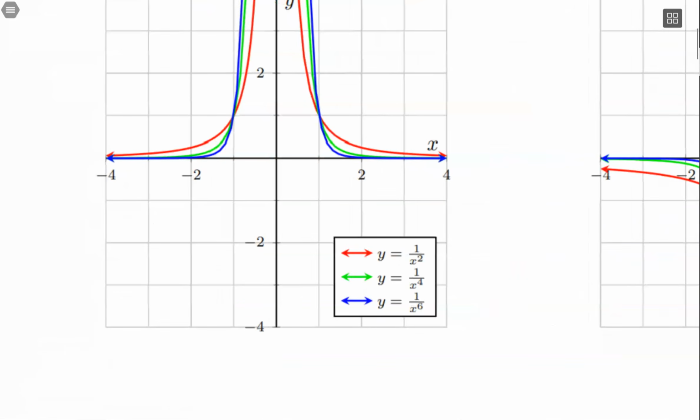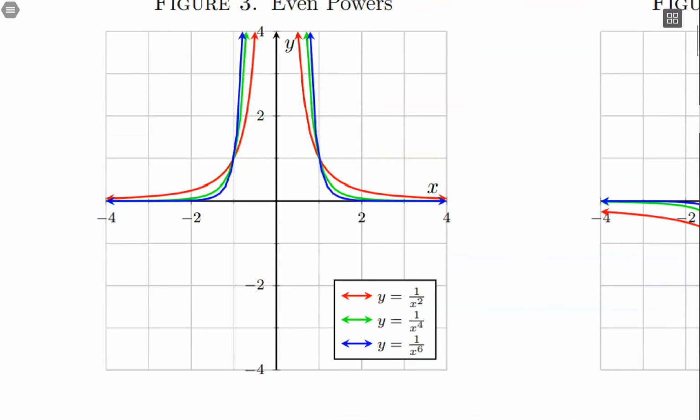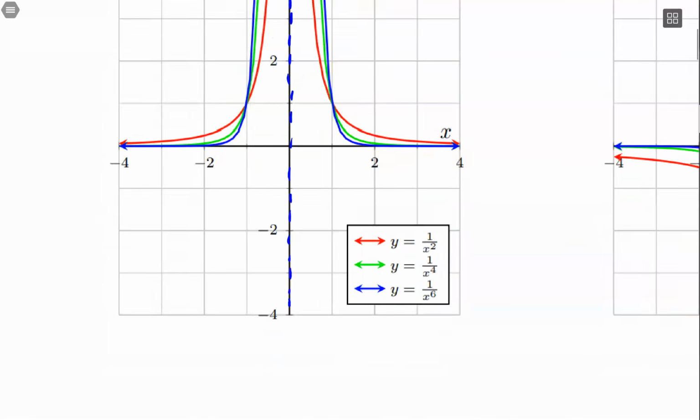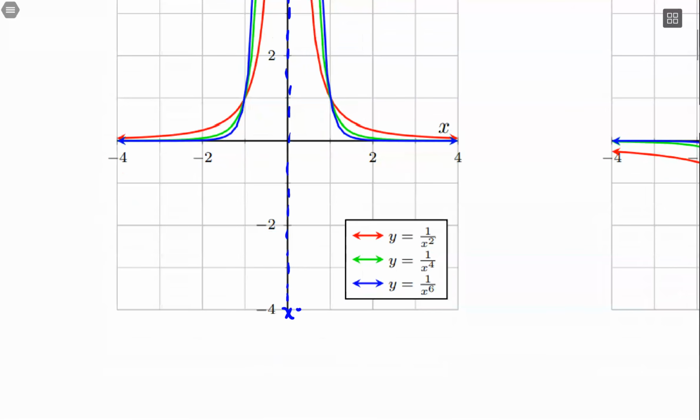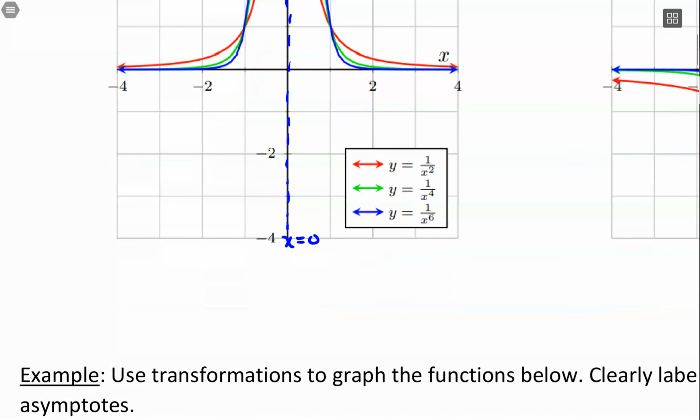So if we look at this even powers graph, you can visualize this vertical line that will never cross. That's the line at x equals 0, and that would be our vertical asymptote. So we have a vertical asymptote at x equals 0.